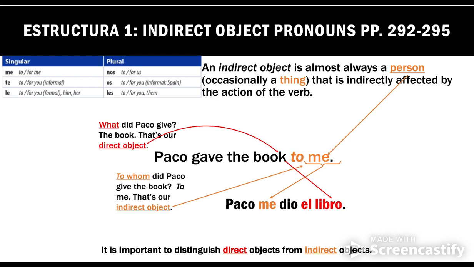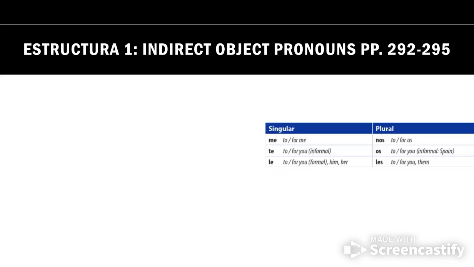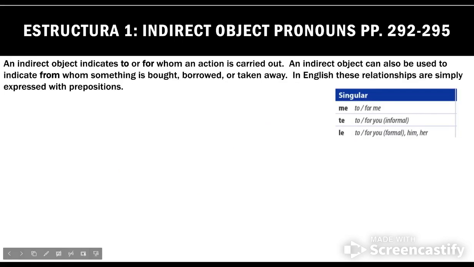To whom is going to give you the indirect object of that sentence. An indirect object indicates to or for whom an action is carried out.